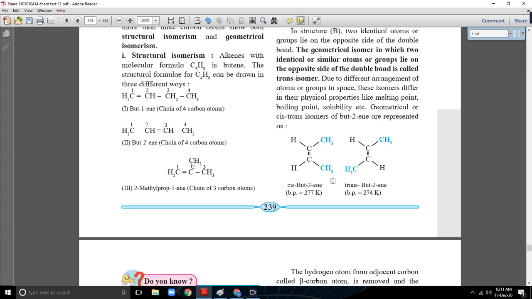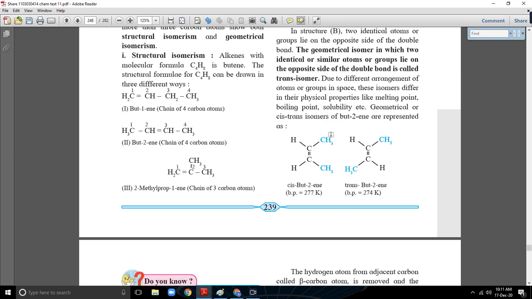The properties of these compounds are different due to different arrangement of atoms and groups in space, a difference of configuration. Geometrical isomers are stereoisomers. They differ in physical properties like melting point, boiling point and solubility.